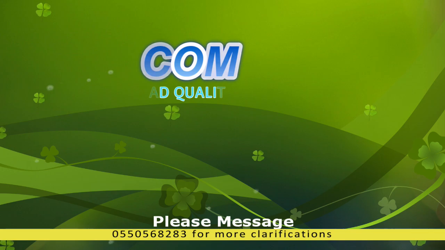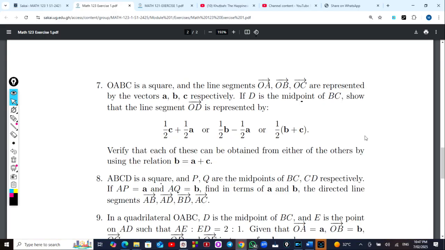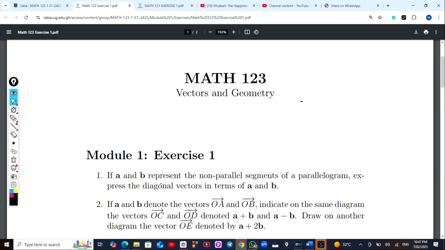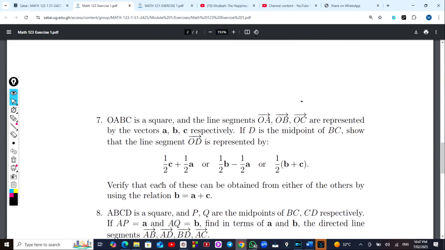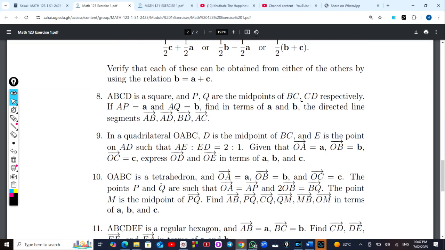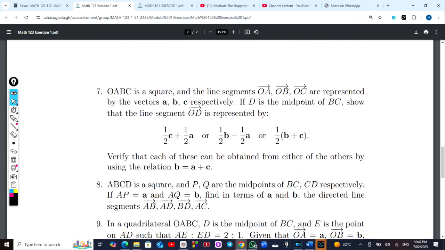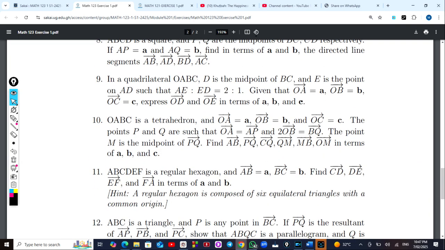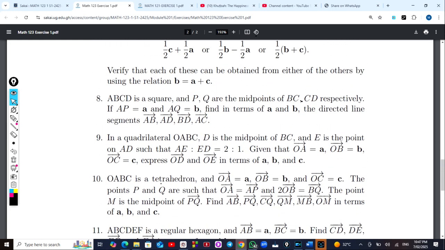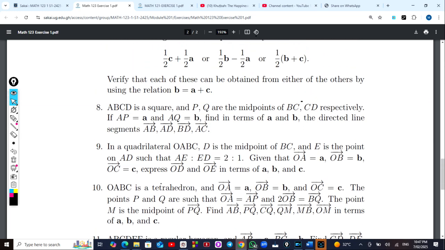So in this tutorial, we are going to answer exercise 1 of Math 123. I asked which number we should start with, and the majority of the replies said 8 to 12, because the other ones seem easier and everybody can do them.